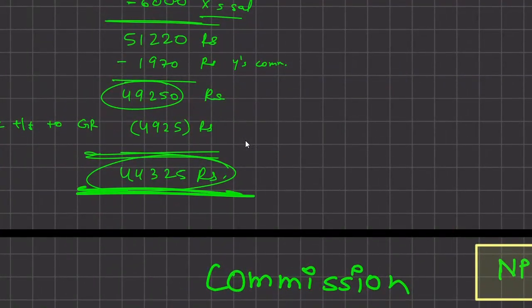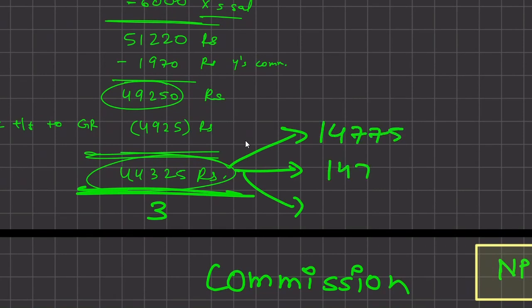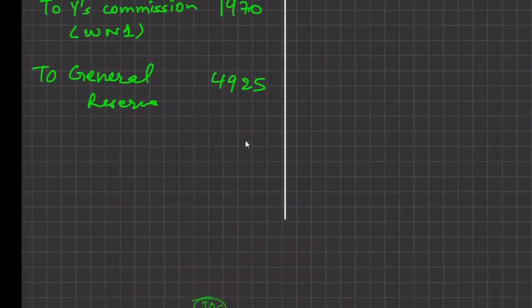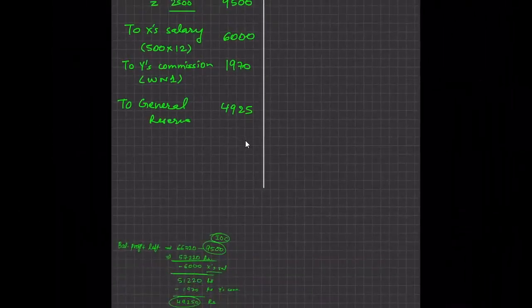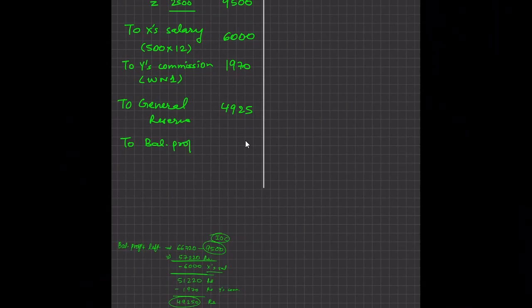This will be distributed to the partners, and there were three partners who have an equal profit sharing ratio. So divide this figure by 3, you will get 14,775 for each partner. So now last entry: To balance profit transferred to partners in the profit sharing ratio.